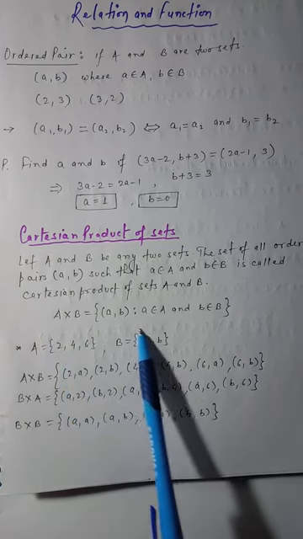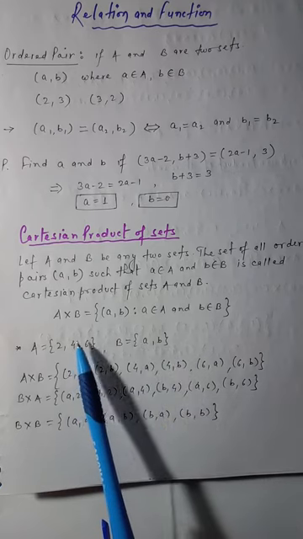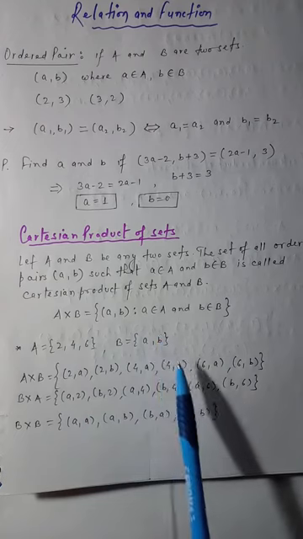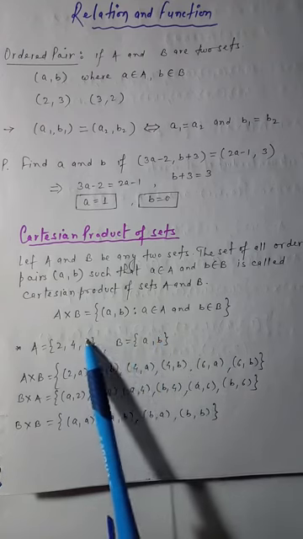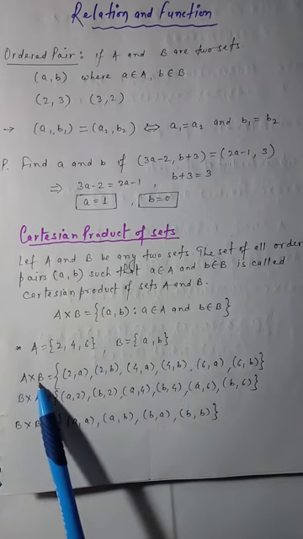Similarly 2 comma b. Now elements of B are finished. So take the second element of A. In the same manner 4 comma a, 4 comma b. Now one more element is here. 6 comma a, 6 comma b. So this is A cross B.